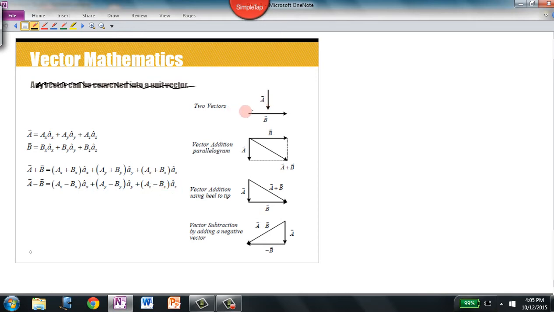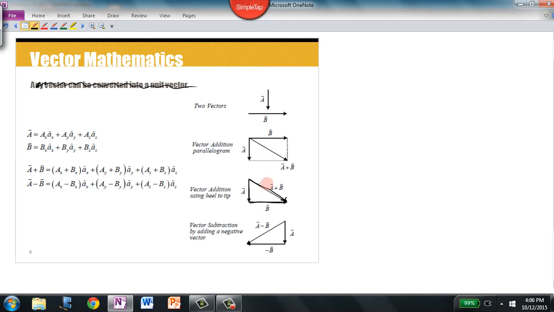Often this is taught using vector notation, as I'm showing here. Typically we will use what's called the toe-to-tip or heel-to-tip method, where you draw one vector in this direction, then take the second vector and put its tail at the tip of the first vector, and the resultant vector A plus B is those two added together.